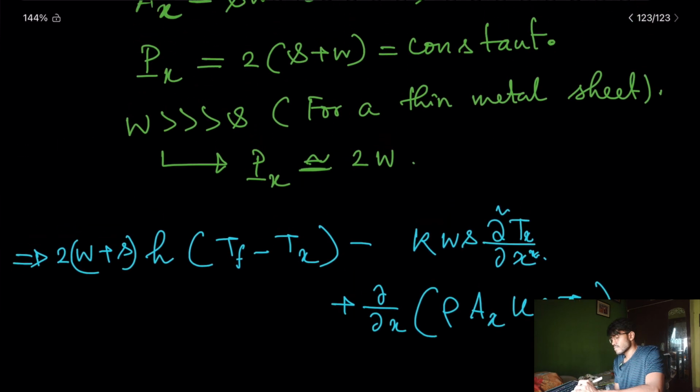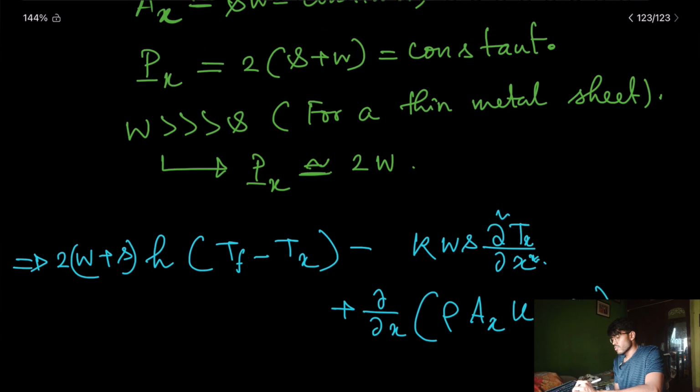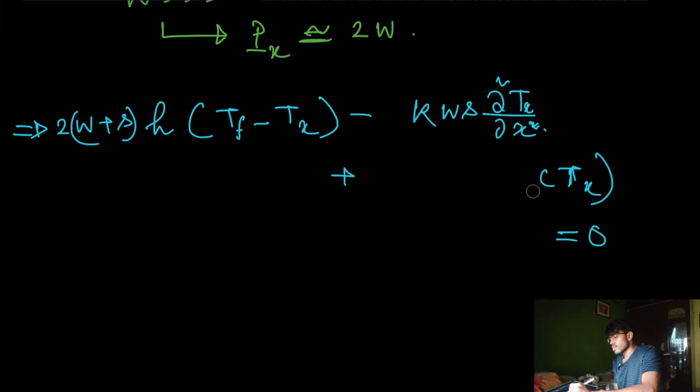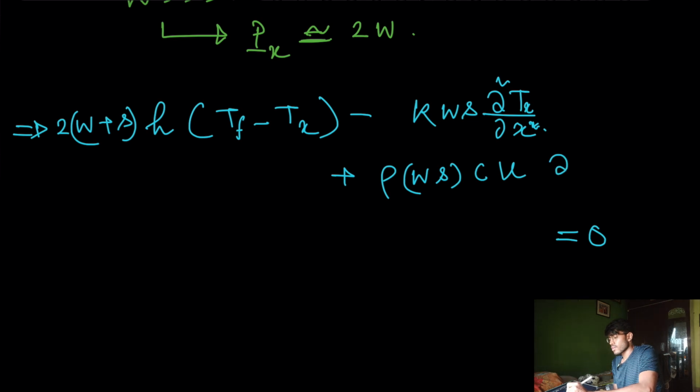And for this one also, here all the things are constant, so I can write it as rho ax, c, u, del Tx del x. Okay, I think I have written it correctly.